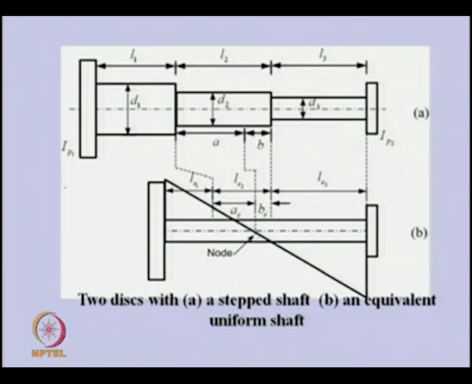So the ratio of A by B will be the same in the original shaft segment, this A and B. So the node will be somewhere here, in the same proportion as in the equivalent system.